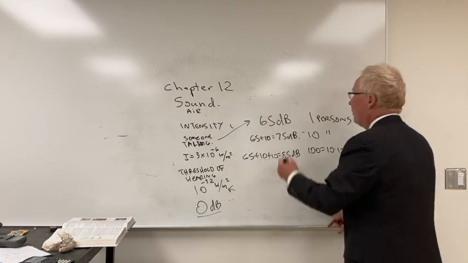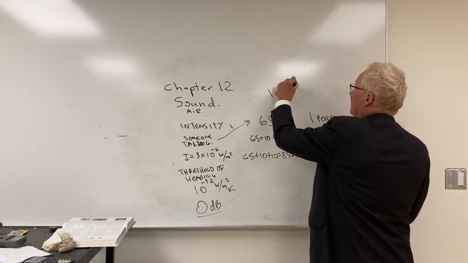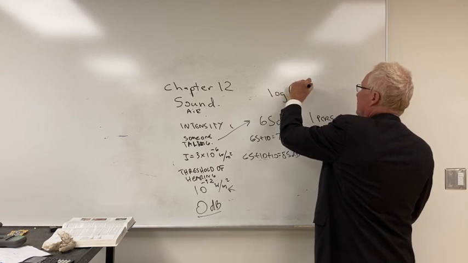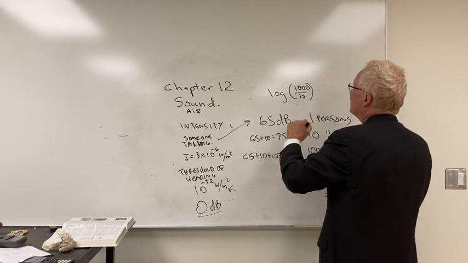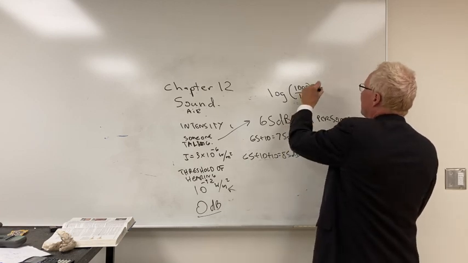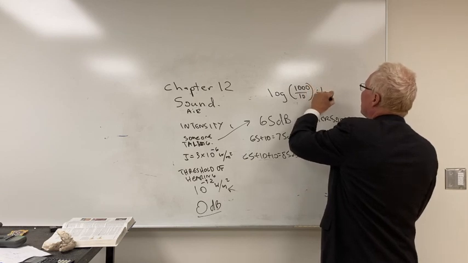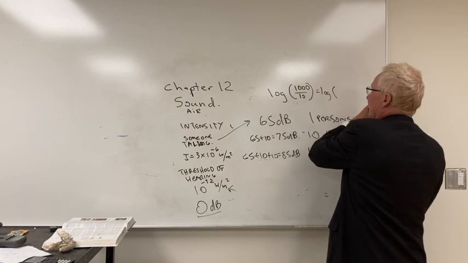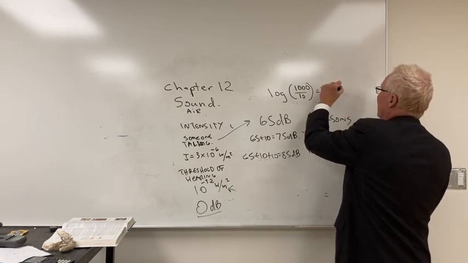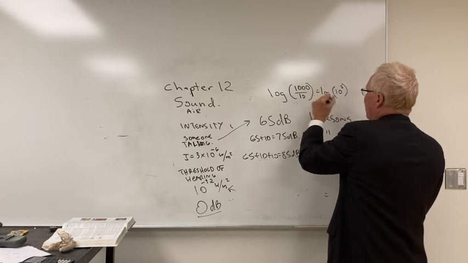For example, say the log of 1,000 over 10 is the log of 100, which would be 2.